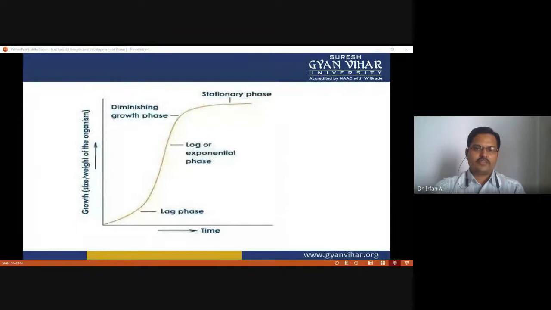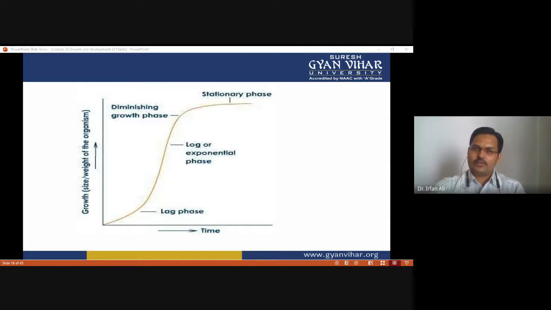Okay, in which you have to see the growth, size or weight of the organism along with the time. You have to get an S-shaped or sigmoid curve, in which initially there is a phase where the growth rate is less or slow. This is called lag phase. While for a certain time the growth rate is maximum.